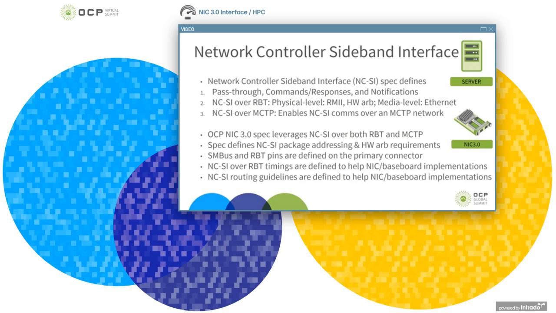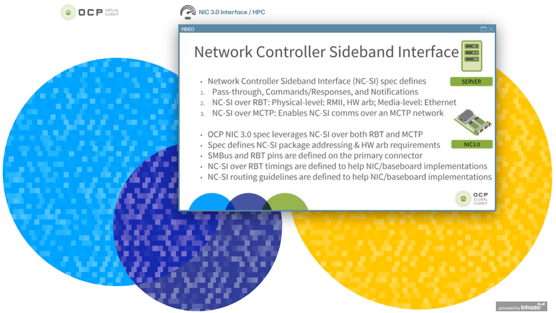NC-SI is defined as operating over two different paths. One is the original RBT interface, which is an RMII-based concept that has been extended to support a multi-drop feature.